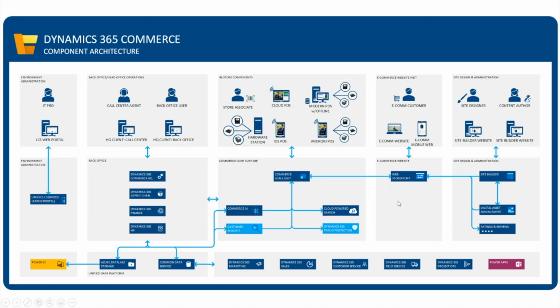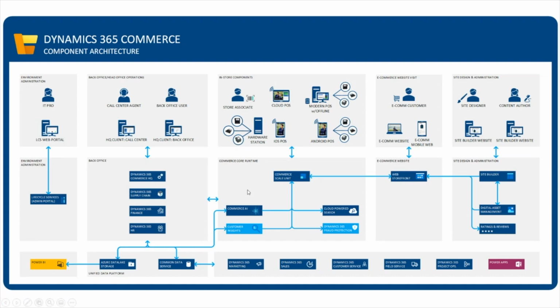And the e-commerce website has a front end, which renders all of the assets and artifacts for a consumer. And it has a backing by the commerce scale unit for rendering, master and transactional data, and the processing of business logic operations. Then we have integrations available through CDS as well as Azure Data Lake. So that allows for large scale analytics as well as integrations with other Dynamics as well as non-Dynamics products in a seamless fashion.